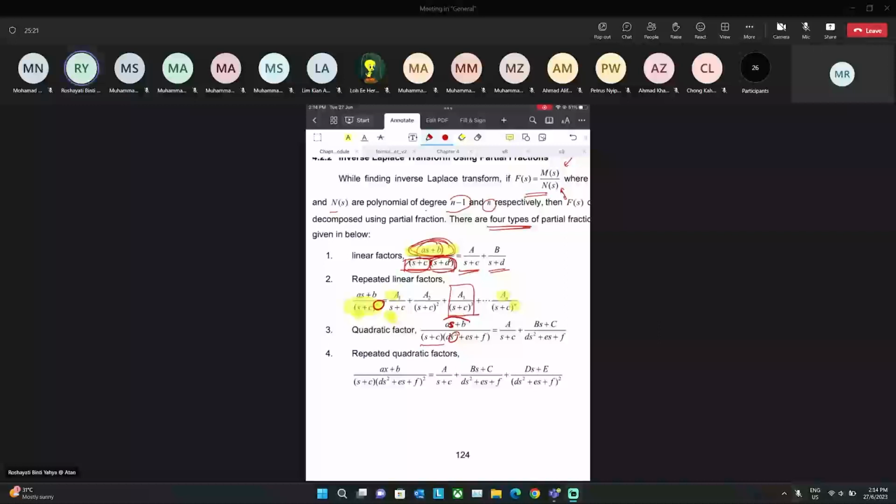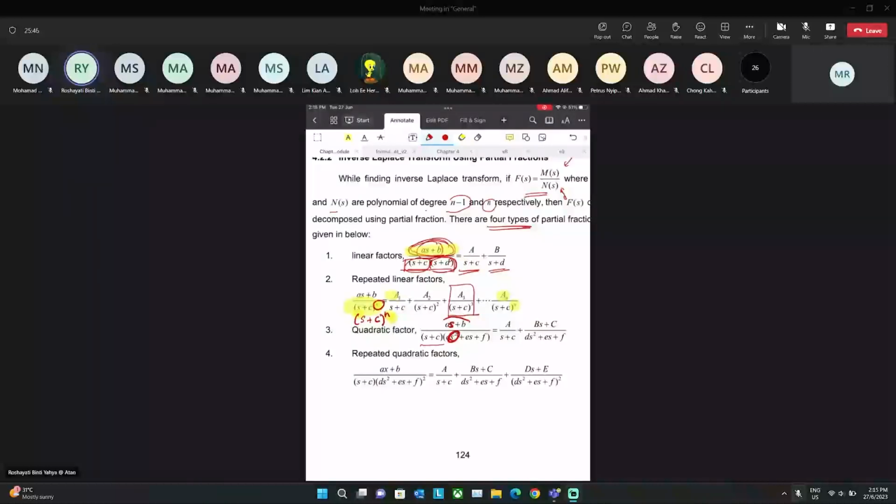Compared to repeated linear factors, where you have the power outside the bracket, to the power of n, in this case you have s to the power of something.